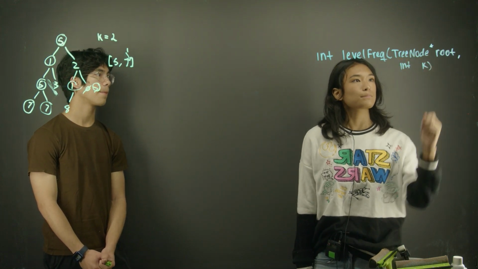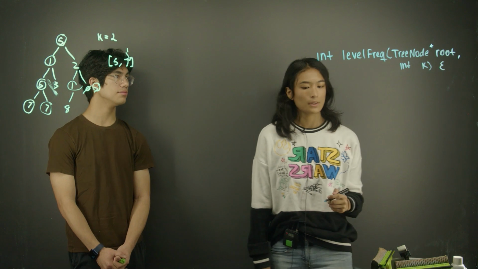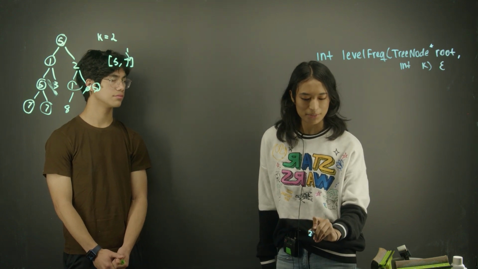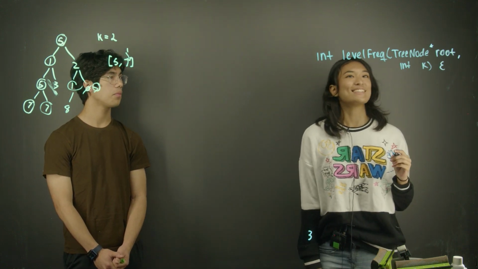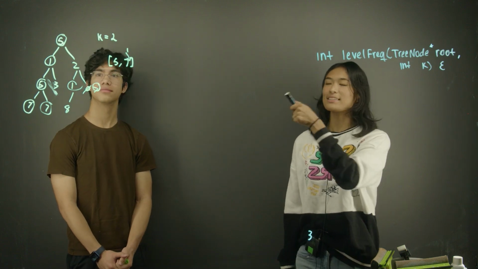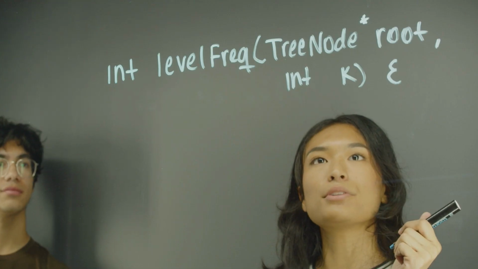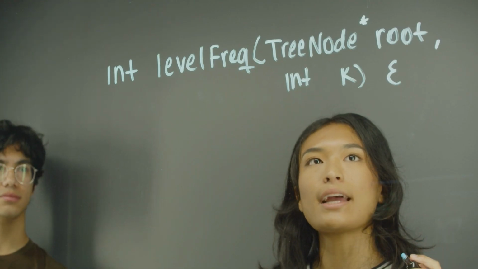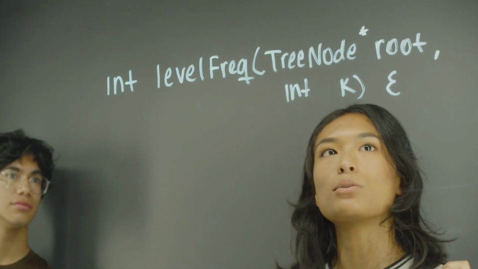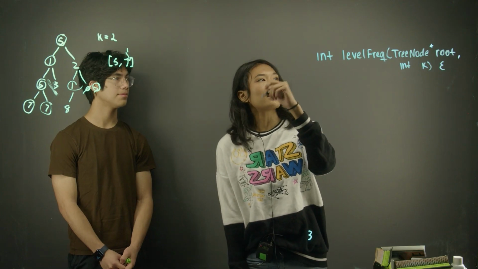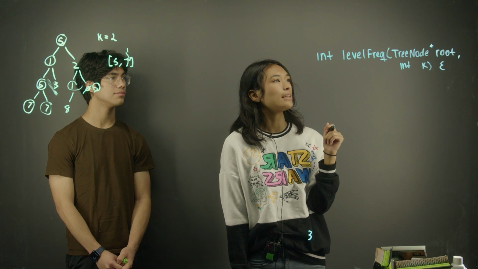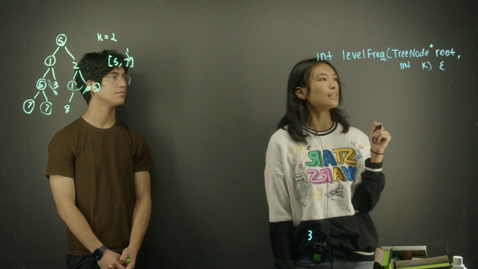So I have my tree node that's passed in, and I'm starting with root. And you said we have at least one node. Yep. Okay, so at least one node, so I don't need to check if root is null.